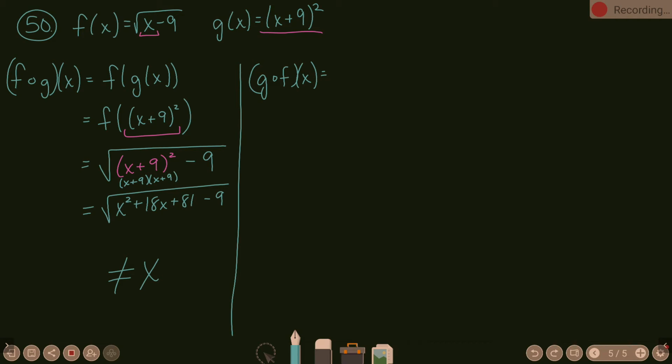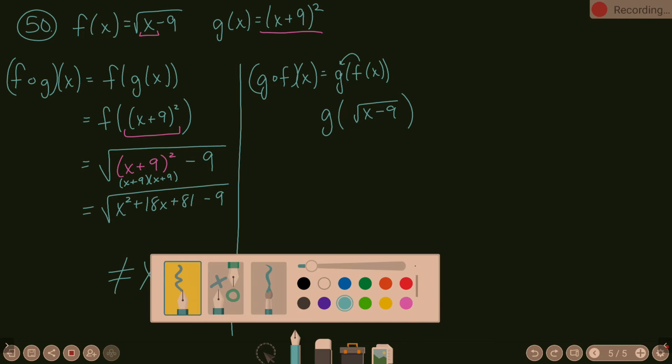So the other way, g composed with f of x is g of f of x. This one says I'm putting f into g. And what is f? f was the square root of x minus 9, right?